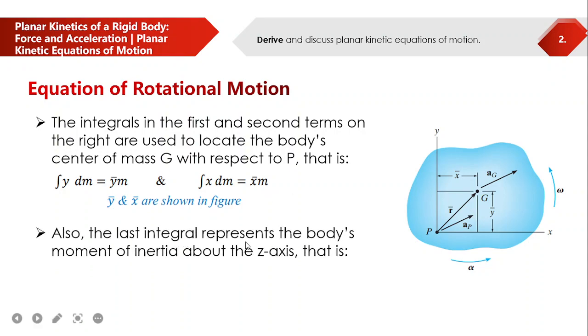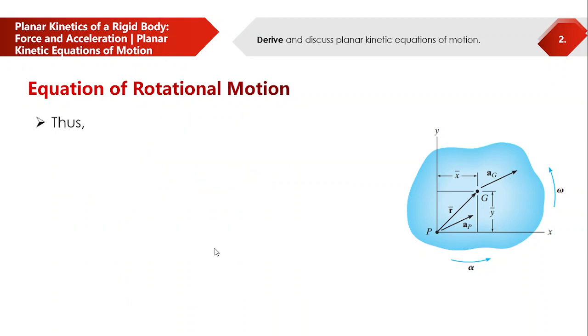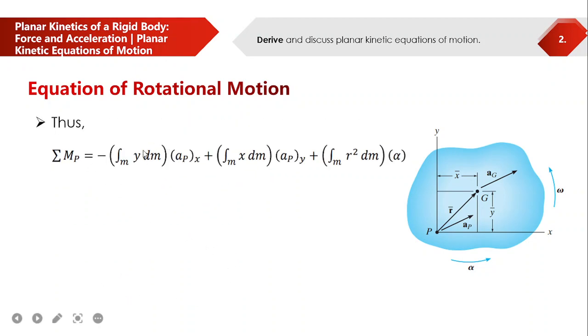Also, the last integral represents the body's moment of inertia about the z-axis. That will be I sub p equals the integral of r squared dm. Thus, from this one, it becomes negative y bar m, the mass, after we integrate each term, plus x bar m, a sub p sub y.